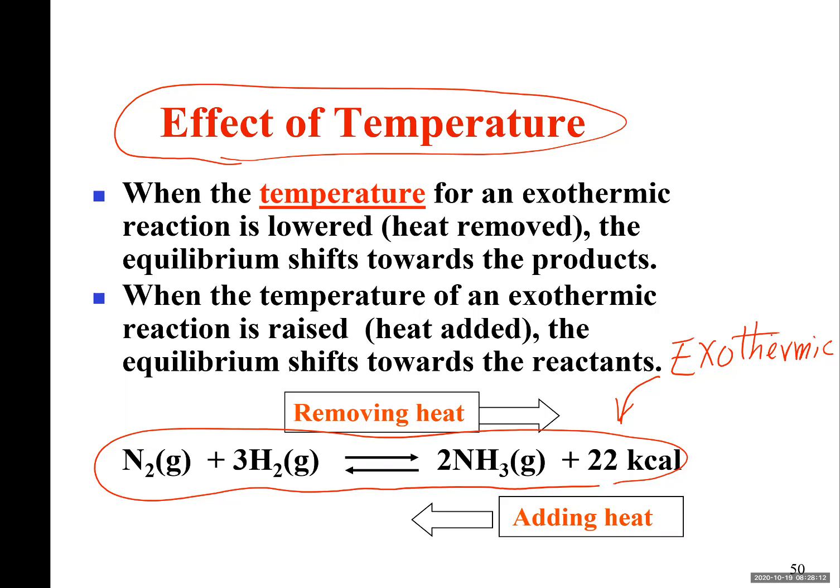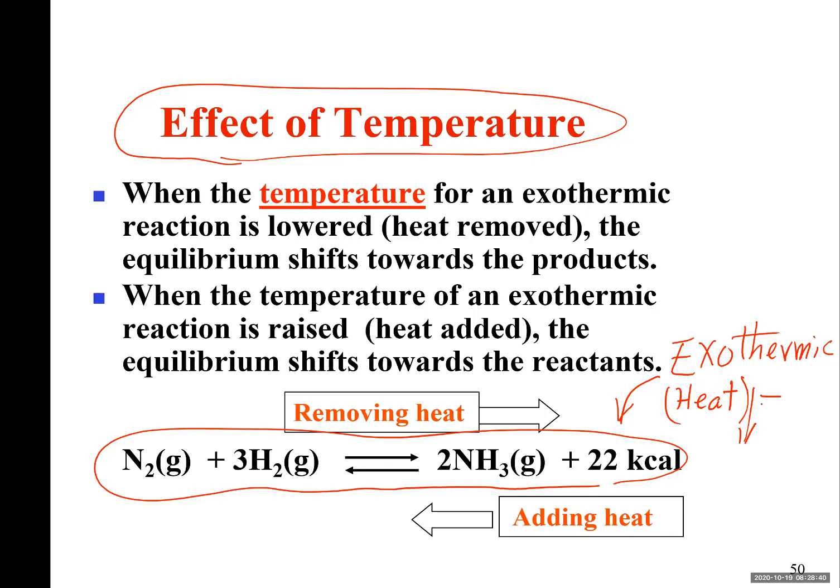And if I remove heat, let's say I am decreasing the amount of heat, suppose I place the mixture in a beaker containing ice water. So the system is losing heat, it's getting colder.